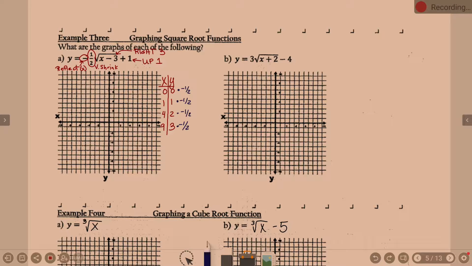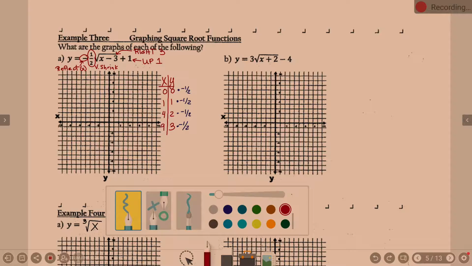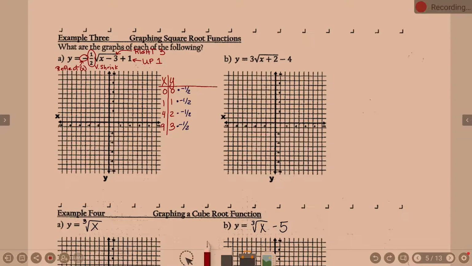Because it's a vertical shrink, y values are vertical, so they only ever affect the y's. Now my x values will not change.